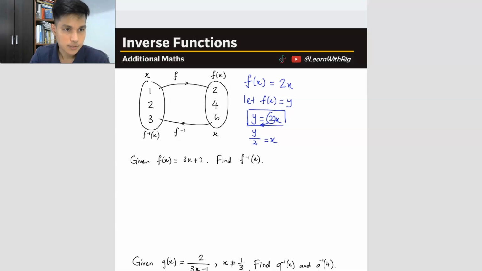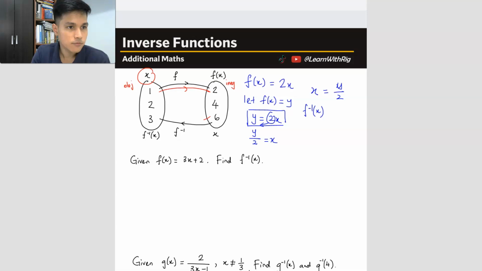So what is this x here? x equals to y over 2, right? This x here represents the inverse function. Why is x the inverse function? Isn't x the input? Isn't x the object? Because you see, when you go forward function, the x here is the object and the f(x) here will represent the image, correct?